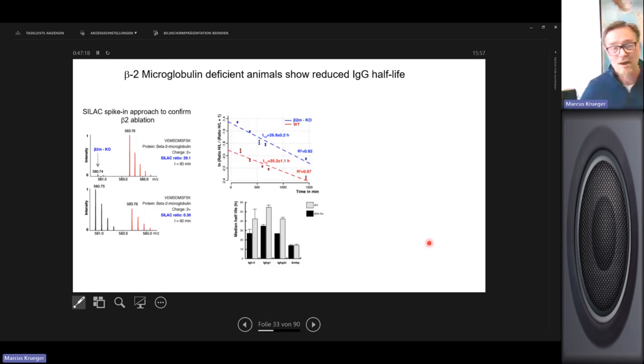And then we calculated the different concentrations of the IgGs over time, right? Of course, we also proved whether the beta-2 microglobulin is really ablated.